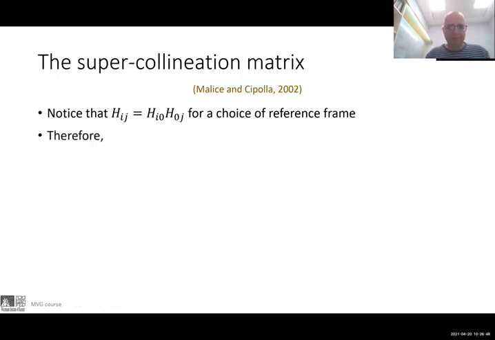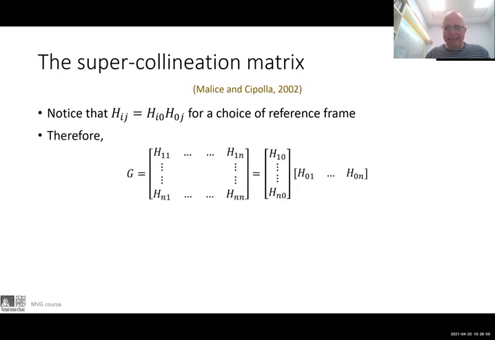And that implies that we can take G and factor it into a product of two matrices. So this 3n by 3n matrix turns out to be a product of H10 to Hn0 by H01 to H0n. You see that?